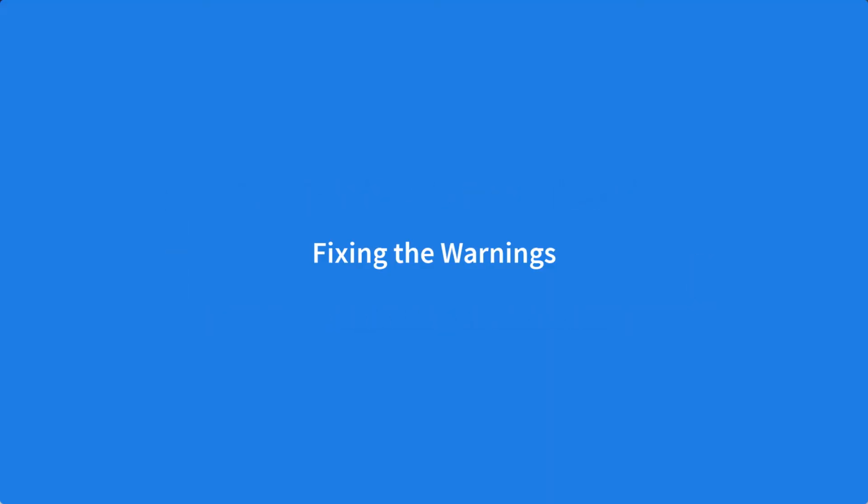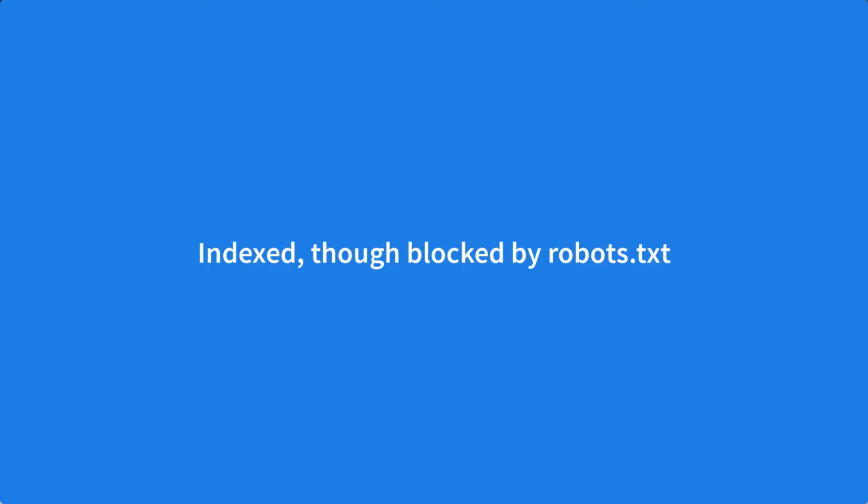Fixing the warnings. Under the Valid with Warnings section, you'll find one type of issue, indexed though blocked by robots.txt. You'll want to address these because even though the page is indexed, it's going to be a suboptimal display in the search results page.